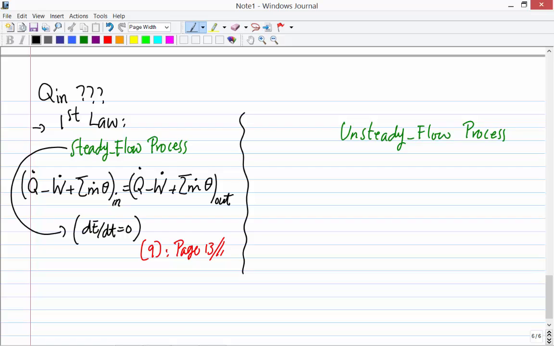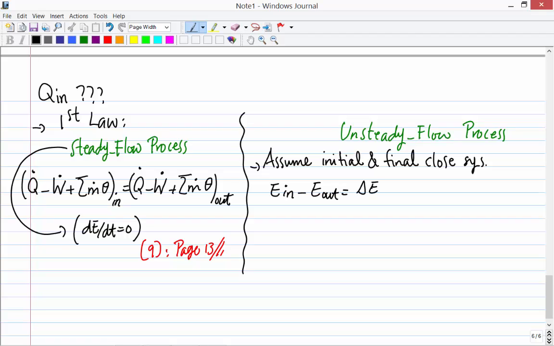So we treat the system as closed, or we assume initial and final closed systems, right? And according to the first law, the mass coming in minus the mass leaving the system equals the total change in the mass of my system.